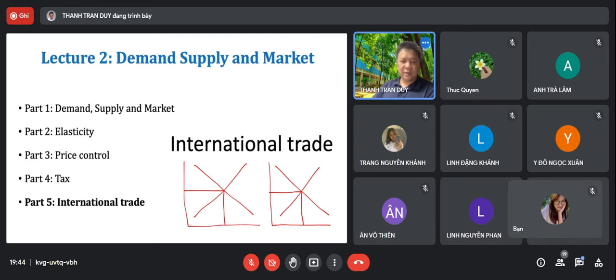And other countries like Thailand, Malaysia, Indonesia, they also produce sugar.